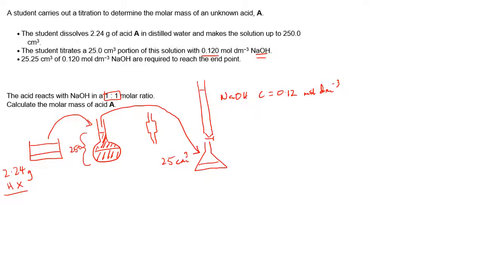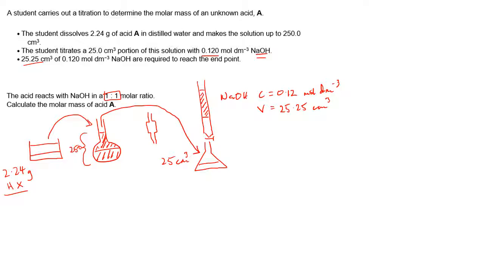You do your titration, and you're told that your titre is 25.25, so we can call that volume 25.25 cm cubed. So that's a storyboarding of the practical that we did, as similarly described in this question.